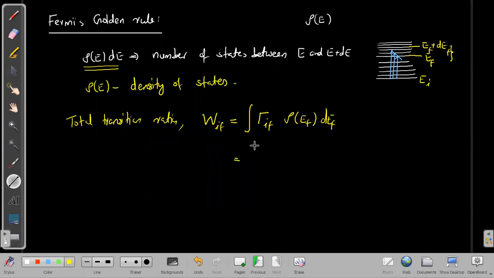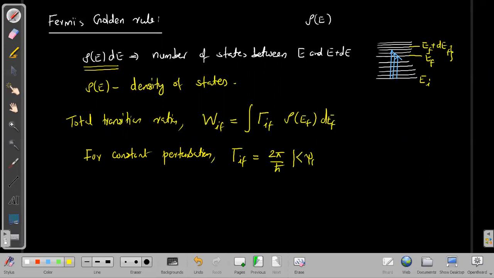Now what is gamma_IF for constant perturbation? Gamma_IF is 2 pi by h cross, mod of the inner product psi_F V psi_I, mod square, times delta of E_F minus E_I.